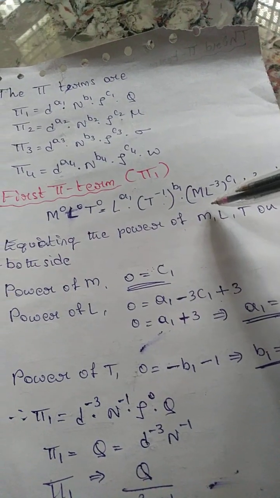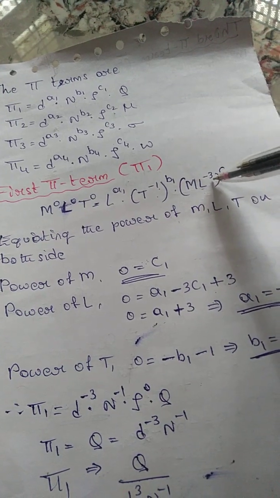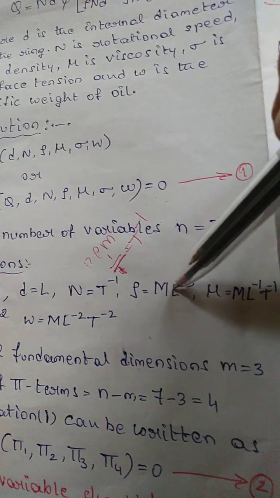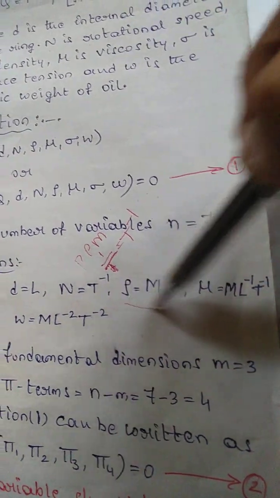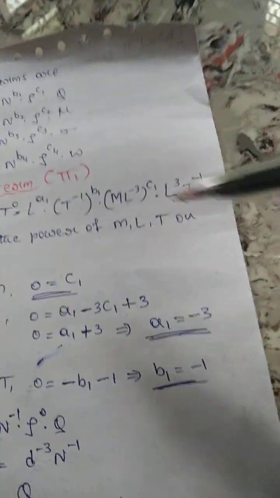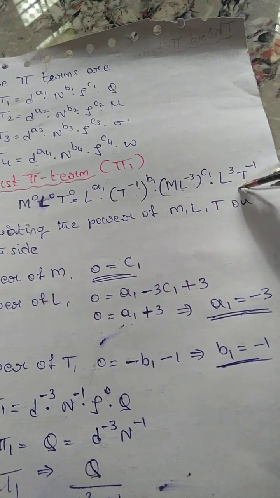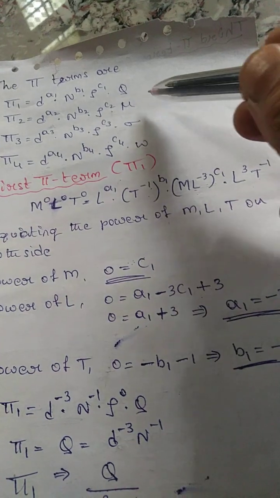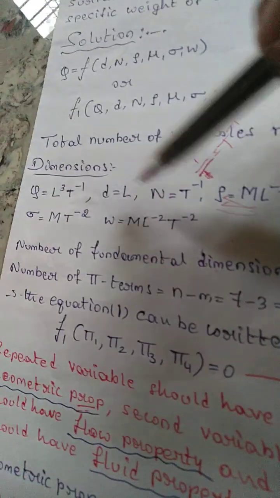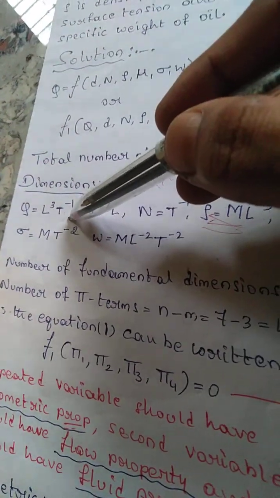Next rho is M L to the power minus 3. This is the dimension for rho, that is why it is written like this. And for Q, L to the power 3 T to the power minus 1. So here it is written like that.